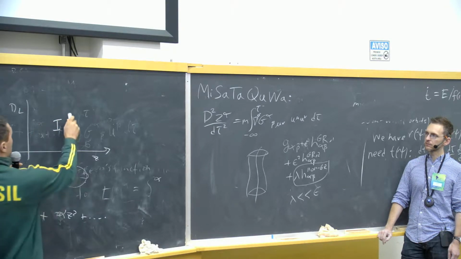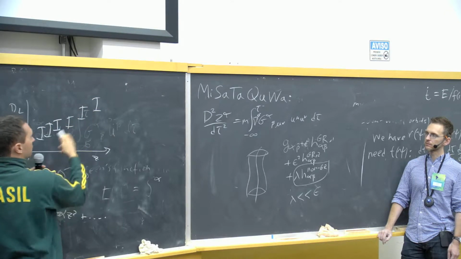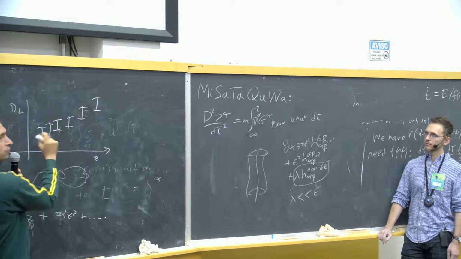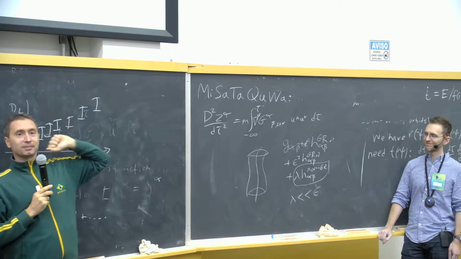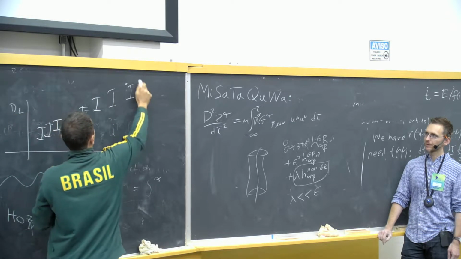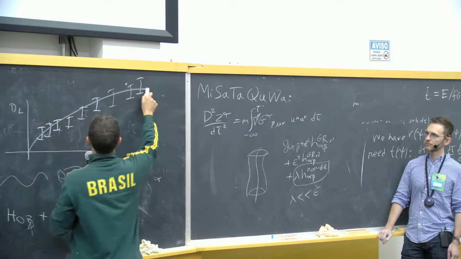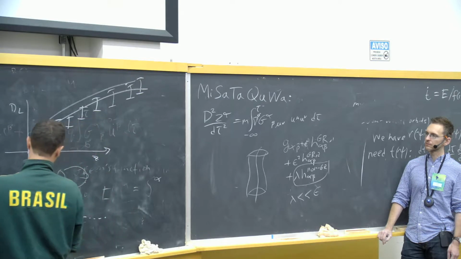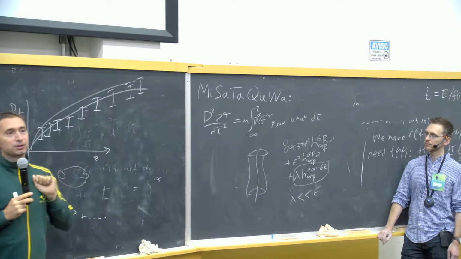So the idea is to populate this graph. Of course, this is a wild dream. For the moment, we just have one point. But in my wild dreams, when at night I can dream whatever I want, I populate this graph with thousands of these measures. This is the work of my master student. Then you will see what the best fit is, and you can measure all the orders you want, if you have enough points.